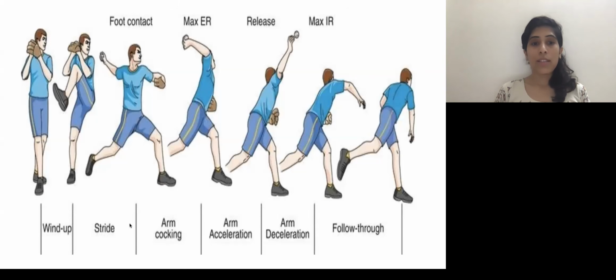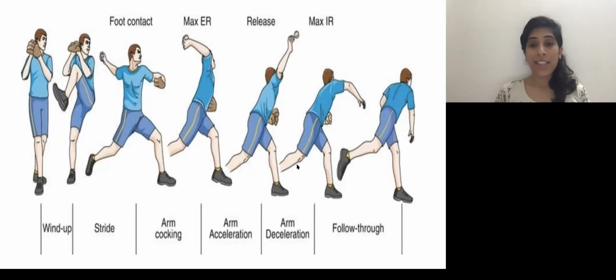Then this is the stride phase. Arm cocking phase, here the maximum movement of the shoulder will also start. Then arm acceleration, so here the shoulder will come to the maximum external rotation movement.